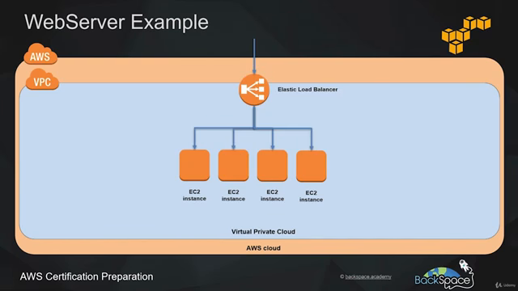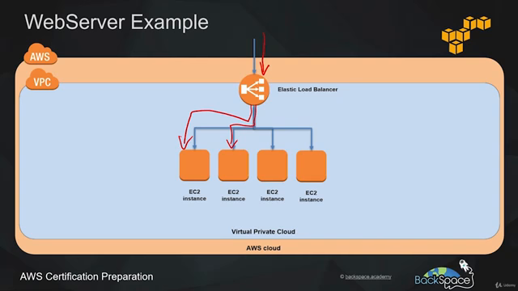That is where elastic load balancing comes in. It can receive traffic from our end users, and it will distribute that traffic to an EC2 instance that is available. So a request will come in, it will distribute it to an available EC2 instance. Another request will come in and it will distribute it to a different EC2 instance that is available.